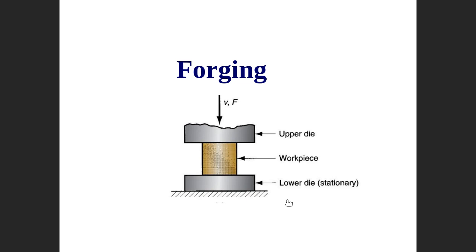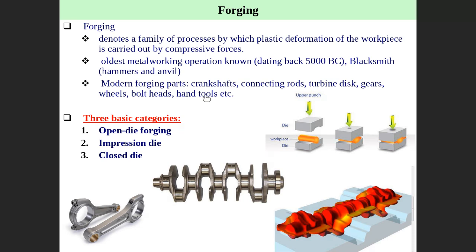The next part in bulk metal deformation is the forging operation. When I say forging operation, we mean that we're hammering the workpiece material. As you can see, it's like a die. We have an upper die and a lower die. This is the workpiece material.